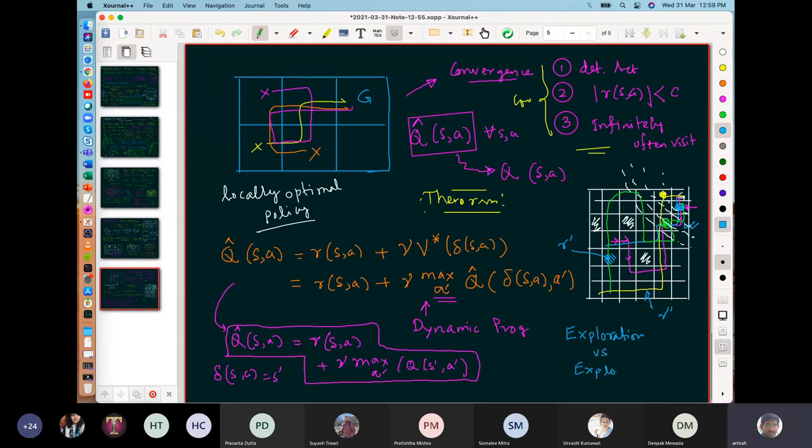versus exploitation in reinforcement learning. And it's a very pertinent question because how far you will explore new possibilities and how far you will exploit whatever you have learned is also to be considered, because otherwise what will happen in a grid, you might only visit in a biased way a set of state space which are in this space.